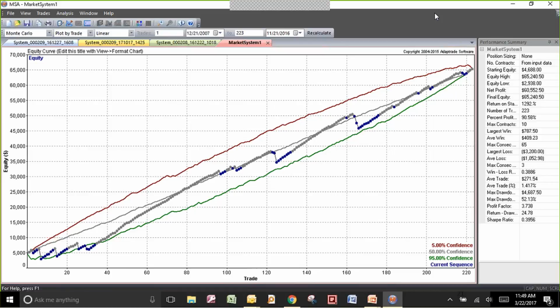If that was a winner, you would go to 8. When you have a loser, you cut your number of contracts in half. So after the trade with 8 contracts, if that one was a loser, you would drop back to 4. If that was a loser, you would drop back to 2.